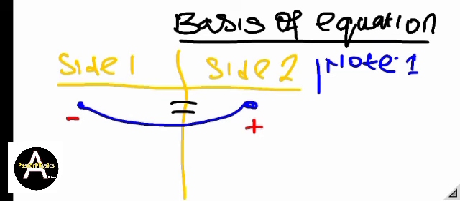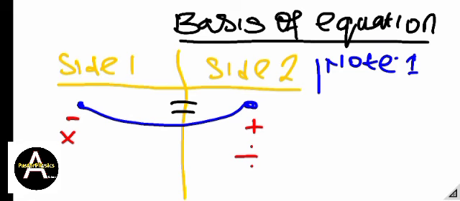Okay, so if division or multiplication is crossing from side 1, when it gets to side 2, it becomes division, right? Okay.